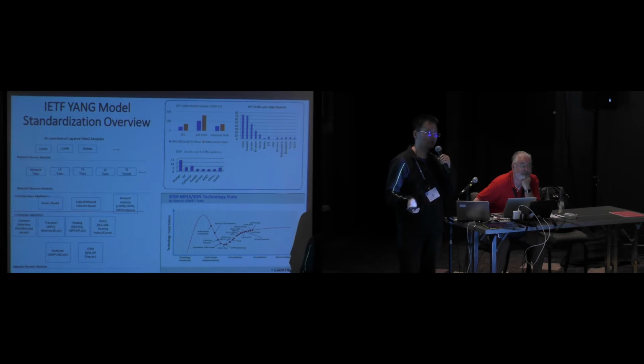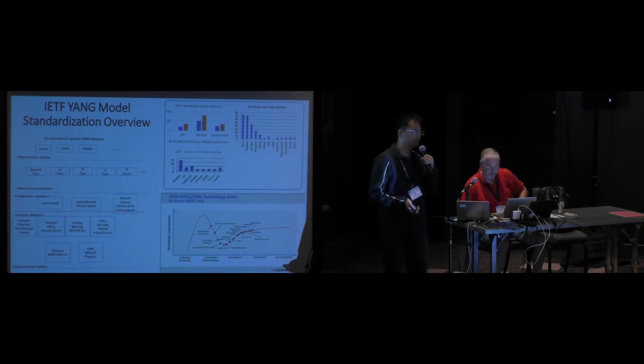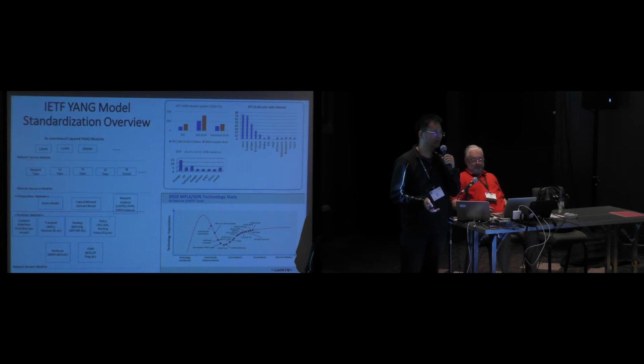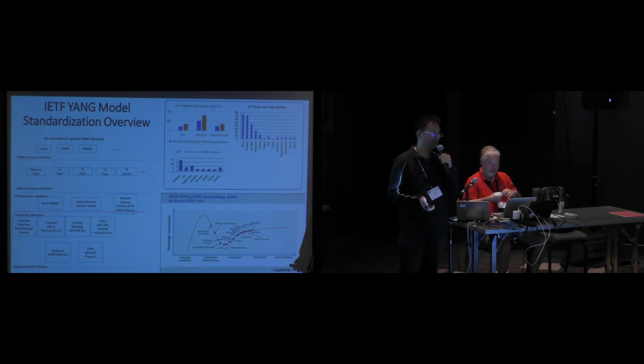We have so many YANG data models, but the problem is, if we reference the multi-vendor interoperability test report, we can see NETCONF has been widely adopted, but YANG data models are still at an early adoption stage. So what's the reason behind it?